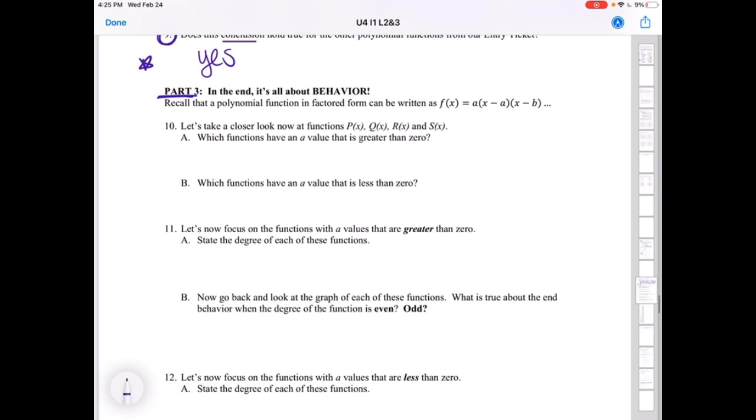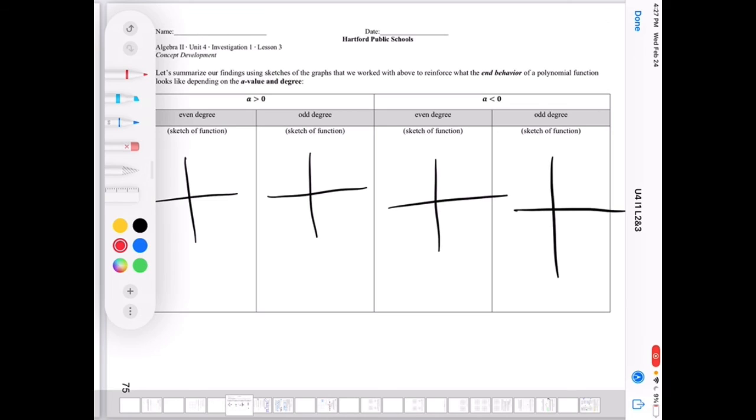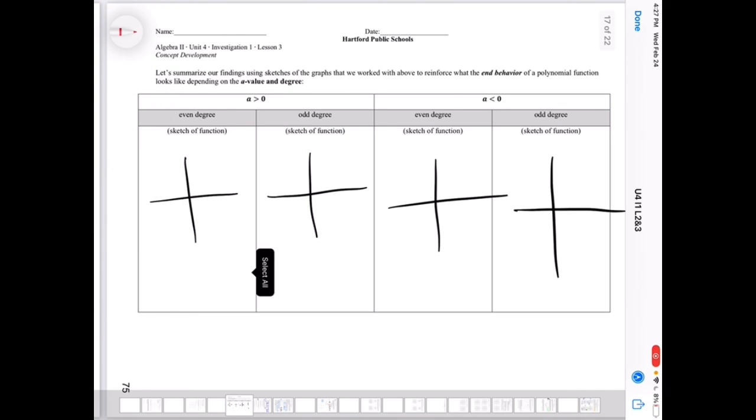Because this is the part of the analysis, this is the observation I expected you to complete. So I'm going to draw basically a coordinate plane for each one. Let's start with red. When a is greater than 0, if we have an even degree versus an odd degree, we're going to have something that kind of looks like this.